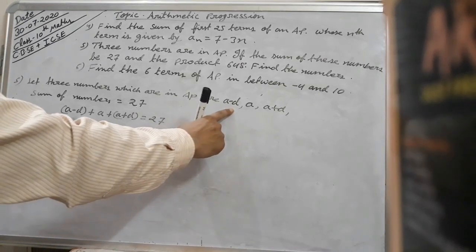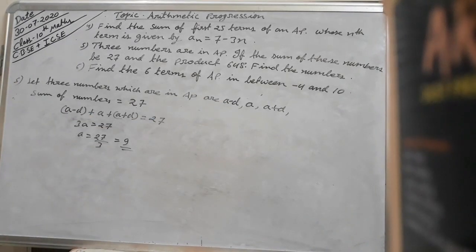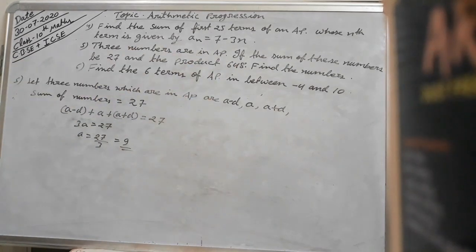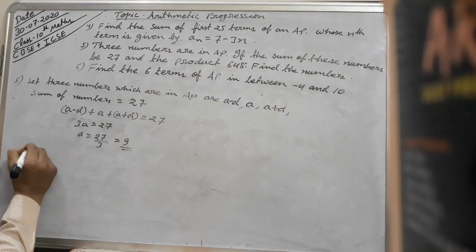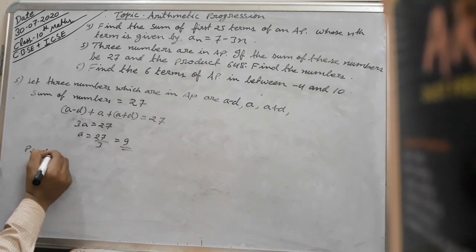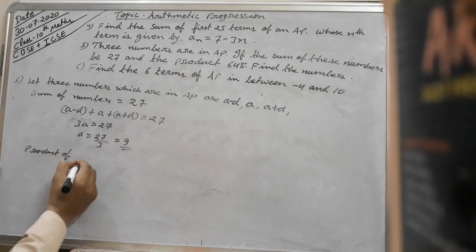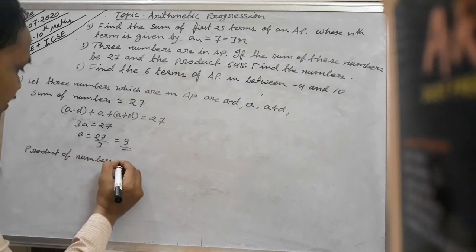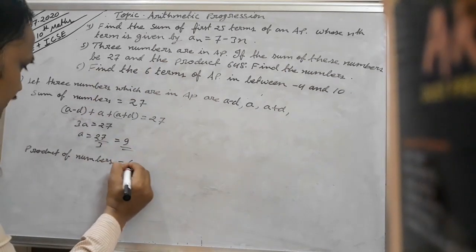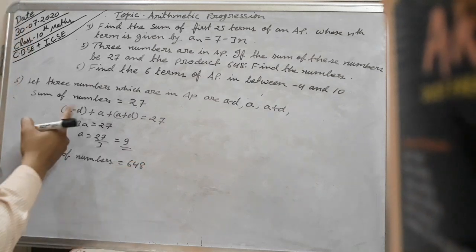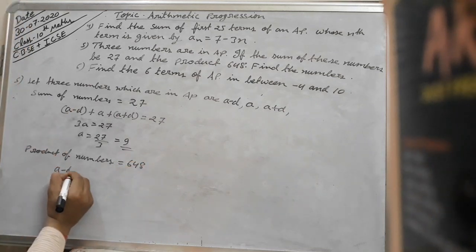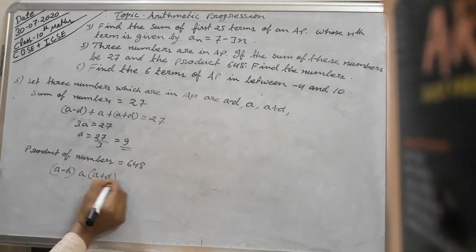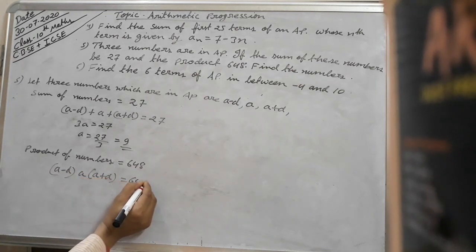Now you have to find the difference. Next, what is given here? The product of the numbers is equal to 648. Then how will you write this one? A minus D into A plus D is equal to 648.